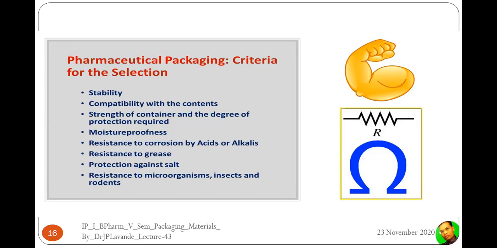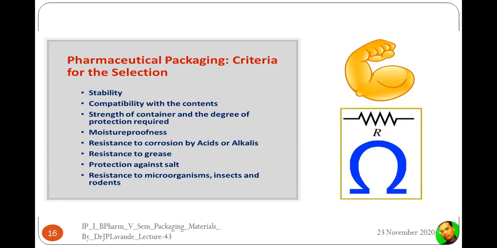Any kind of interchange or exchange of material, or leakage, should not occur. It should be compatible with the content. Then the strength of the container and the degree of protection that is required should be fulfilled. It should fulfill the purpose of protection.